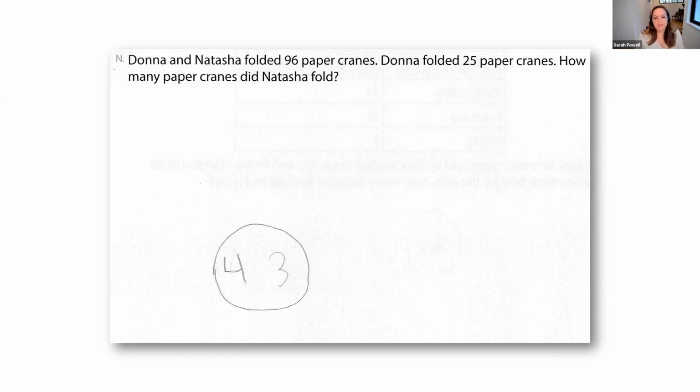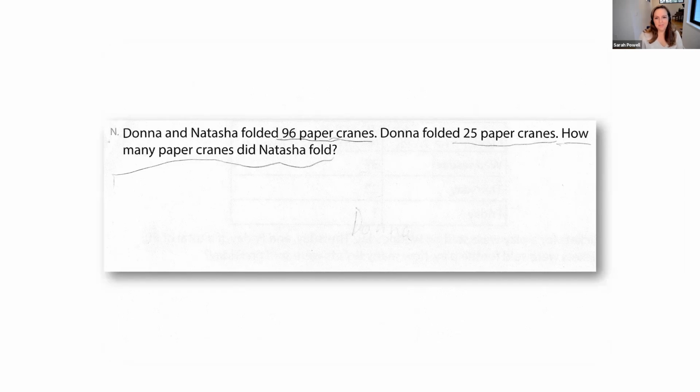You will see as we look at the student work that we did encourage students to circle their answers. So that's why you see a lot of that. That helps us when we're scoring to understand how the student was trying to answer. This student had some strategies where they underlined important information.